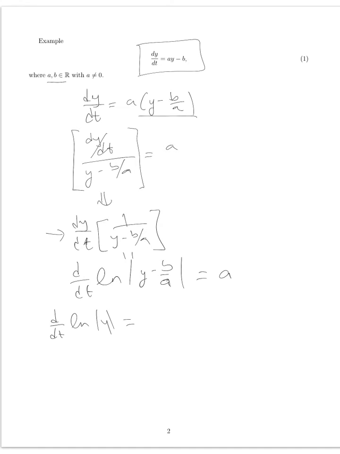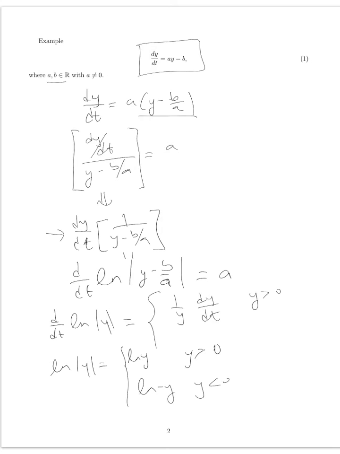Well, remember that the natural log of absolute value of y is going to be natural log of y if y is positive, and natural log of minus y if y is less than 0, right? So using the chain rule, for y positive, we're going to have 1 over y dy dt, and for y less than 0, minus 1 over y, and the derivative of the inside is minus dy dt.